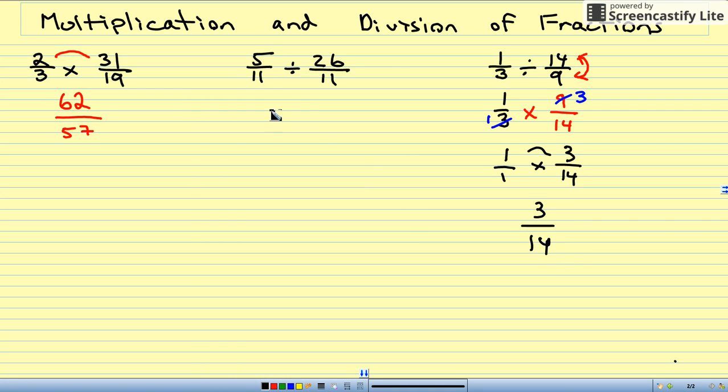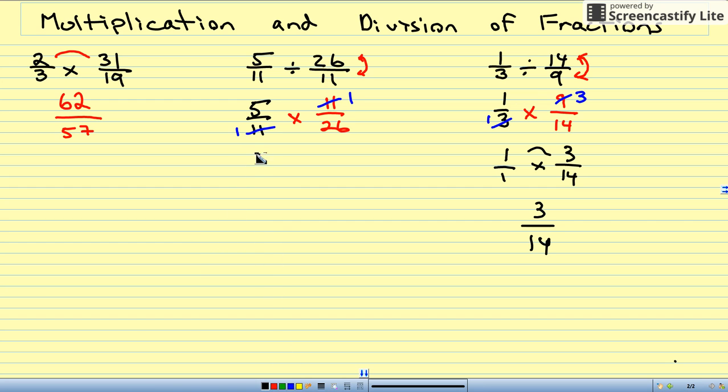And the last one I've got here, I've got 5 over 11. I'm going to change this to multiplication. And remember, I'm going to reverse, or shall I say, take the reciprocal. So what I've got is 11 over 26. Do your cross-canceling if you can. It makes your life easier. They're both divisible by 11. 11 divided by 11 is 1. 11 divided by 11 is 1.